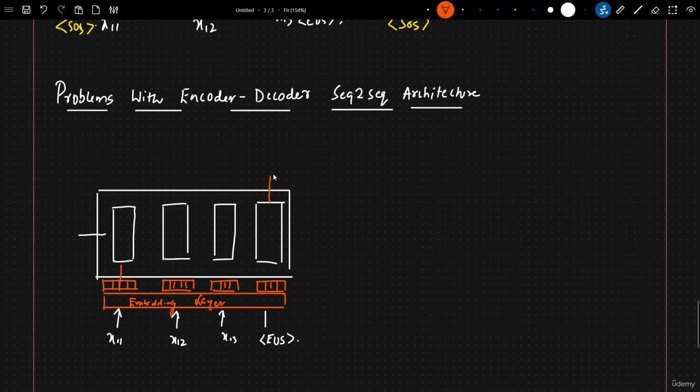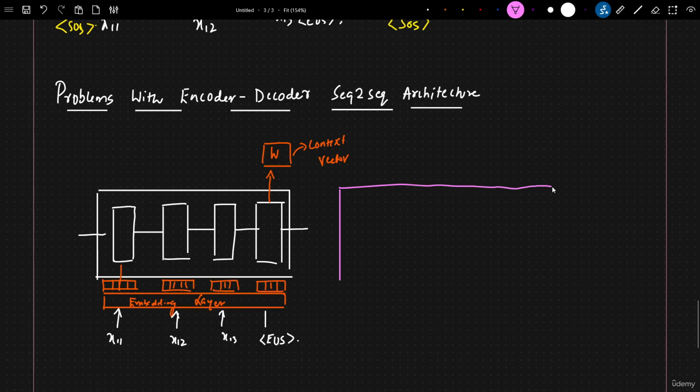The final output will be considered, which will be my W. Let's consider this as my context vector. Usually this context vector is represented by two important lines: one is your long-term memory cell and the other is your hidden state. I will combine these lines, and this line needs to be forwarded to the decoder.